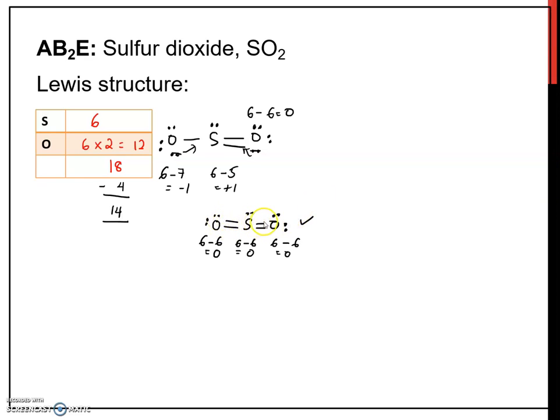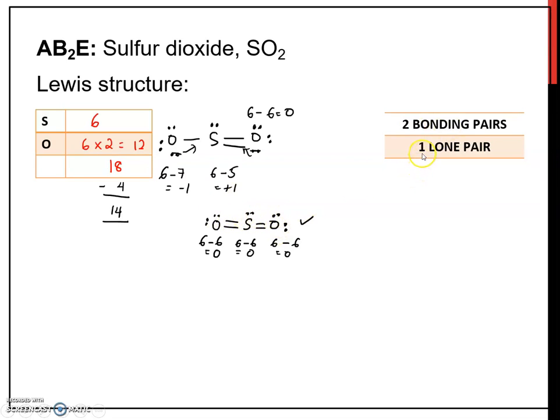Okay, 1, 2, or you look at how many atoms are bonded to the central atom. So there are 2 bonding pairs and 1 lone pair on the central atom. Focus on the central atom.